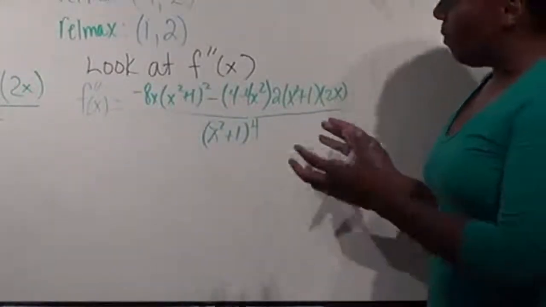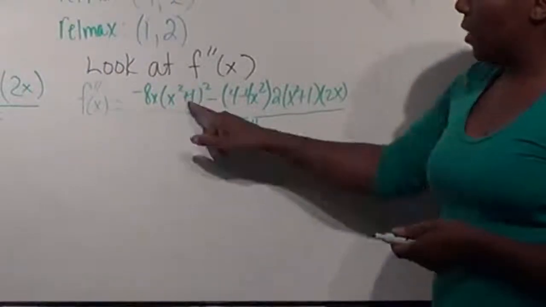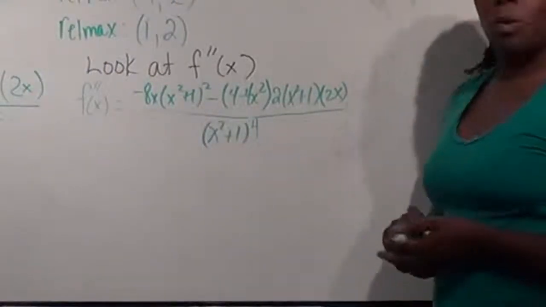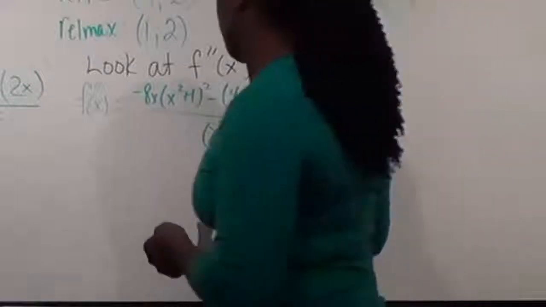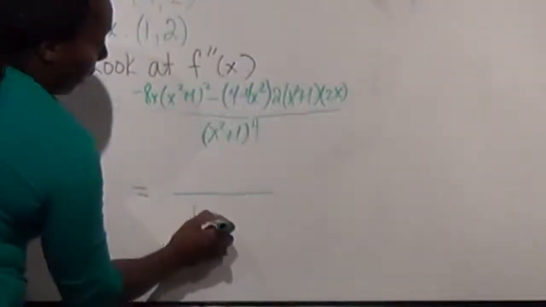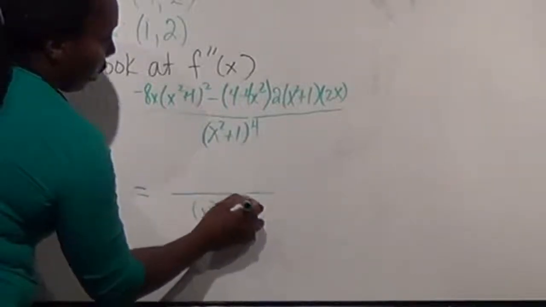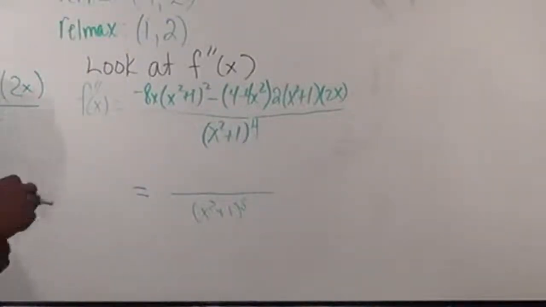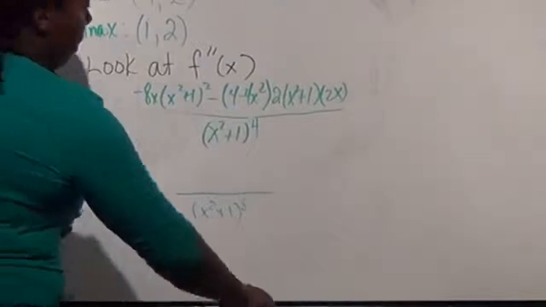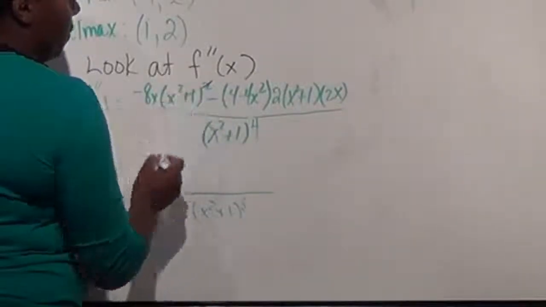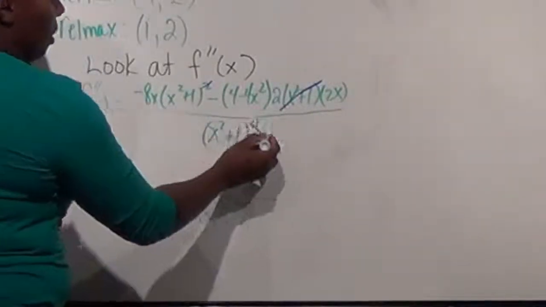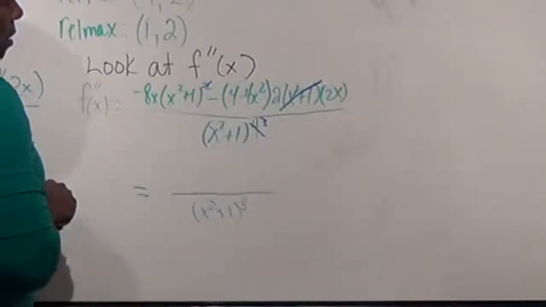Okay. Combining like terms and noticing that there's an x squared plus 1 in every term, we can go ahead and divide that out. So we're going to get an x squared plus 1 cubed on the bottom, which means I'm left with basically one of those, none of those, and 3 of these.